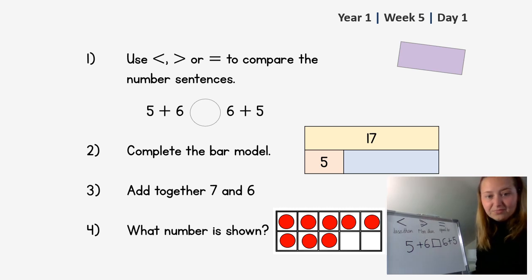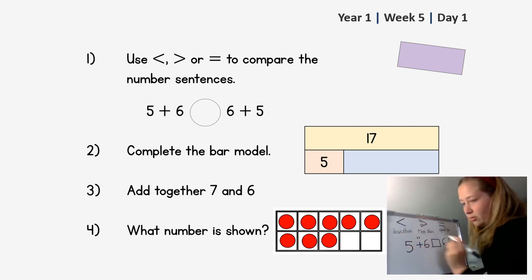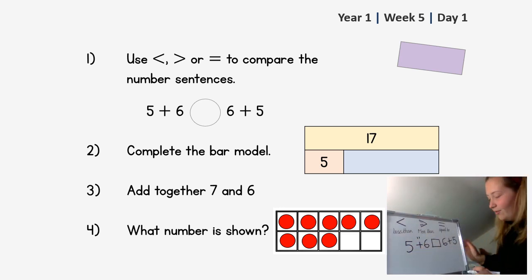Now, we have been given the question, 5 add 6, 6 add 5, and we need to put the right symbol into that. Now, I would do this with any question. Work out what each side is first. 5 add 6. So I'm going to put 6 in my head and count on 5. My answer is 11, so I'm just going to put it up there because I know then that is 11.